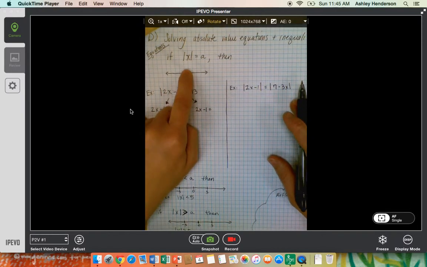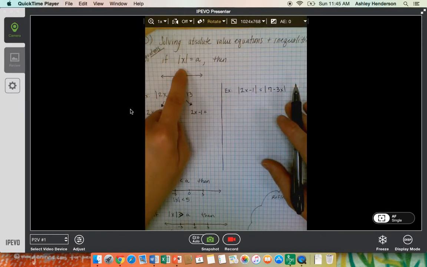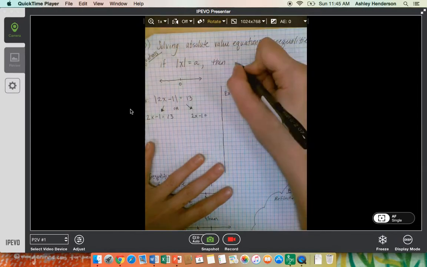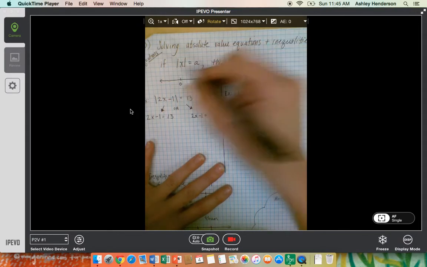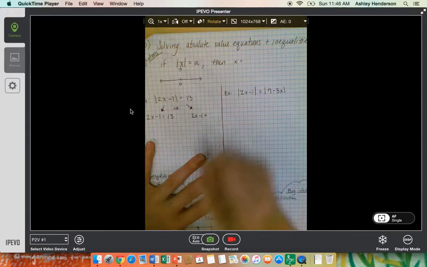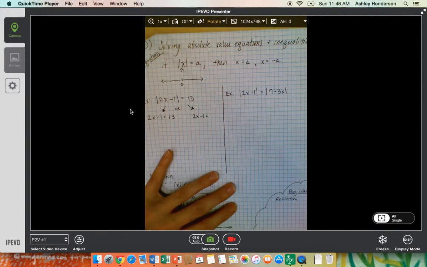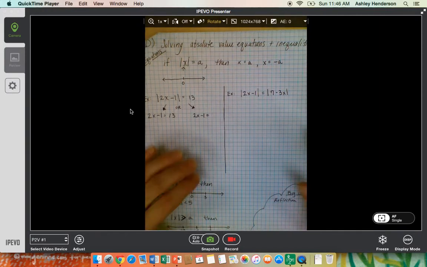So focusing specifically on absolute value equations and inequalities, if the absolute value of x is equal to A, then the input of this number right here is either positive A or negative A. It's one or the other. We don't know which one it is, so we just have to solve for both.